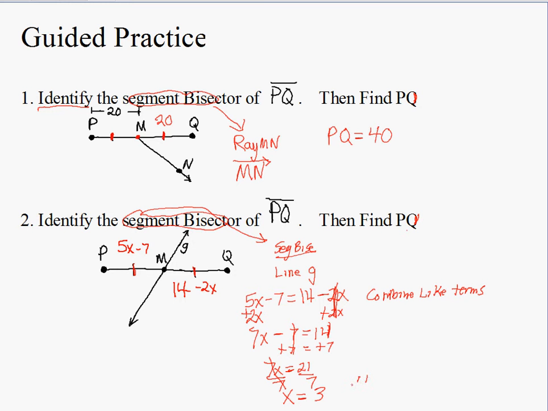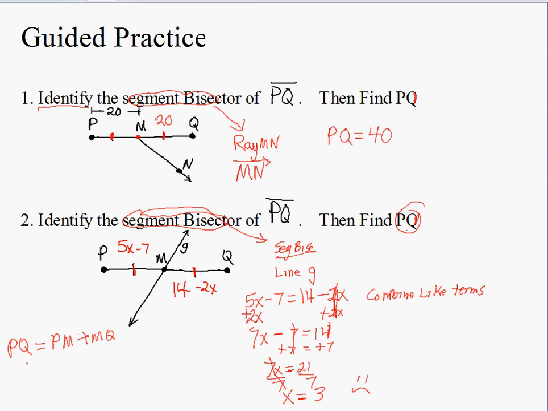No, I'm not done. Why? Because it said find PQ. It didn't say find x. So PQ, remember I told you, big segment equals 2 little segments. So PQ is equal to PM plus MQ.